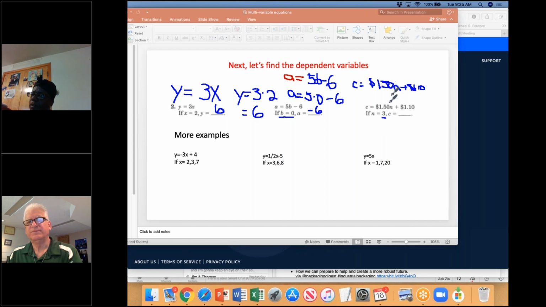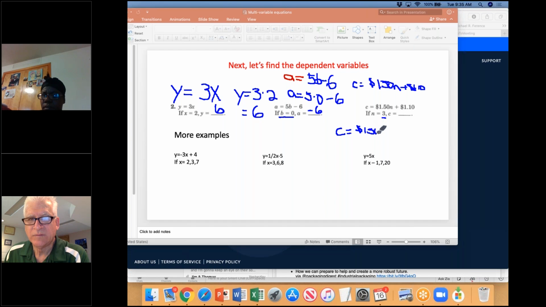So what we want to do is plug in that 3 for the N. C equals $1.50 times 3 plus $1.10.